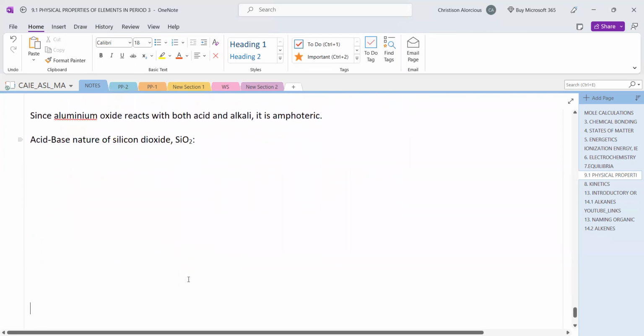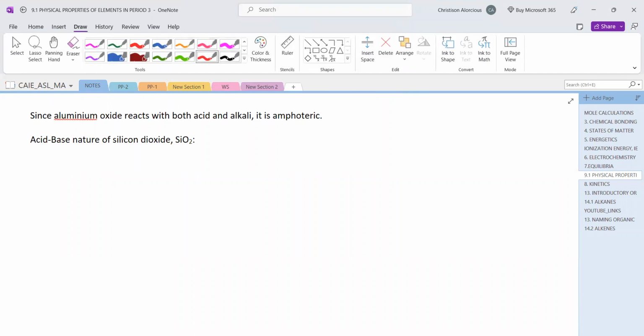If you take silicon dioxide and react it with a strong acid like HCl, no reaction is seen. That tells us that silicon dioxide does not act as a base, so it's not a basic oxide.